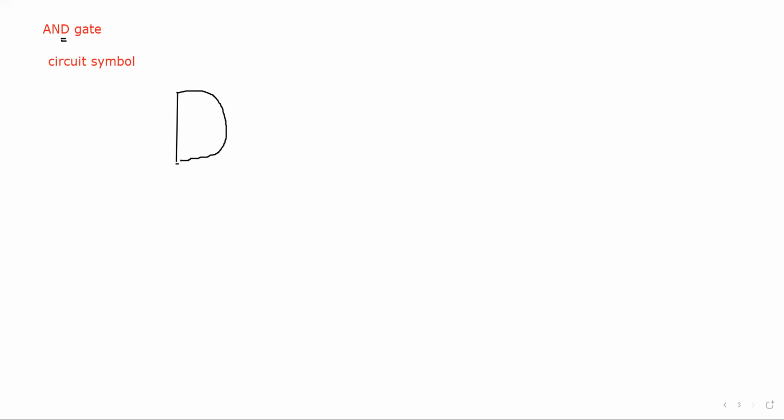And it also has two inputs and one output. So this one is input, input, and there is output.